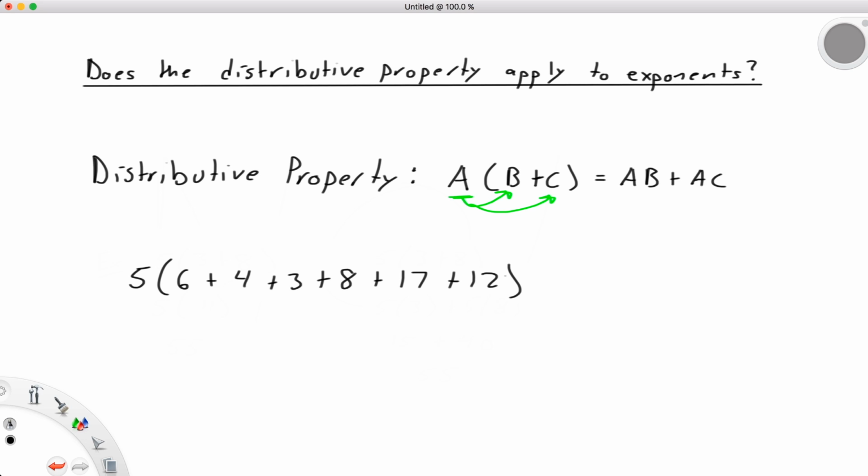We could write it out this way. And we can do that either by multiplying the 5 by each of those individually, or just by adding them all up first and then multiplying by 5. Either way, it represents the same thing.